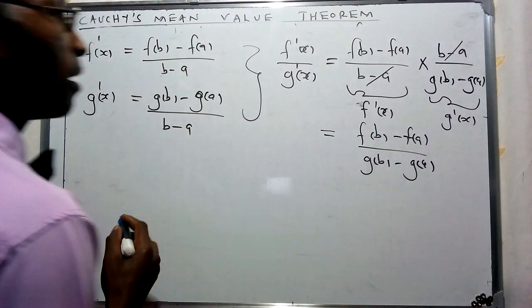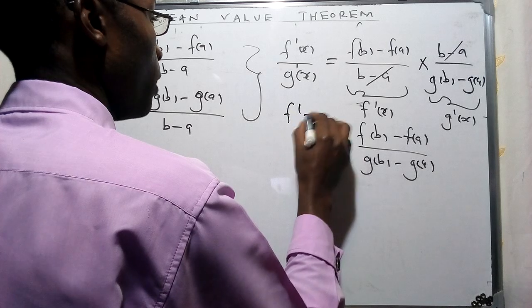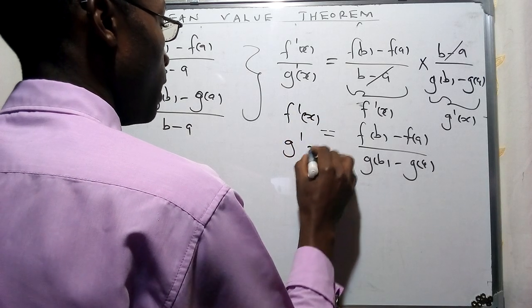So this is going to be giving us an impression that we're going to have this one given in terms of x.